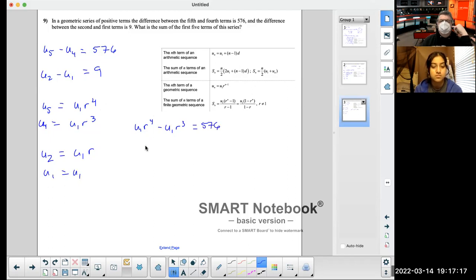And so do you agree then that r cubed times u sub 1 r minus u sub 1 equals 576? And we also know that u sub 1 r minus u sub 1 equals 9, right?